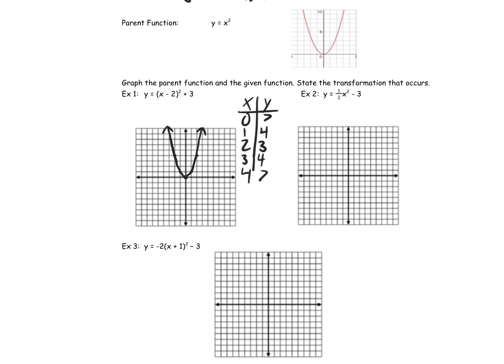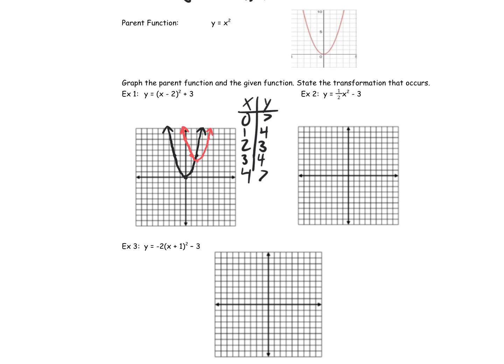Actually, instead of doing those in black, I'm going to do those in red so we can see those a little better. So 2, 3, 3, 4, and 4, 7. All right, and so that red parabola, you can see it opens the same width.